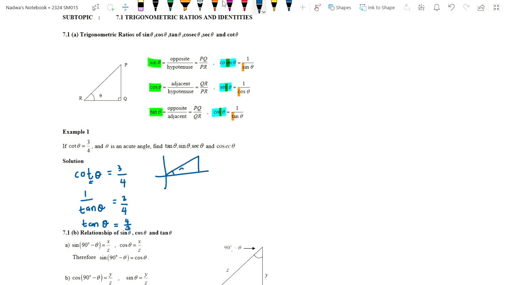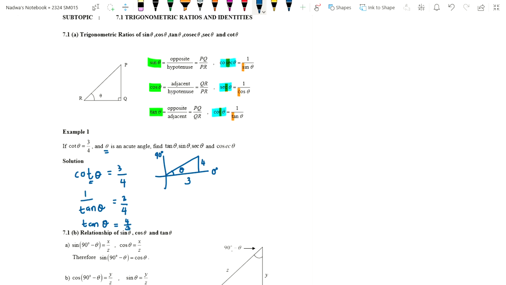So it says that theta is an acute angle, meaning that it lies in the first quadrant from 0 degree to 90 degree here. So this is what we call as acute angle, and we have tangent theta is equals to 4 over 3.